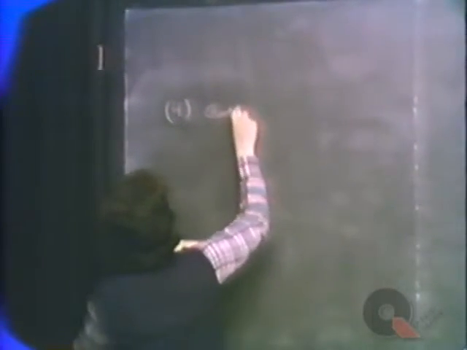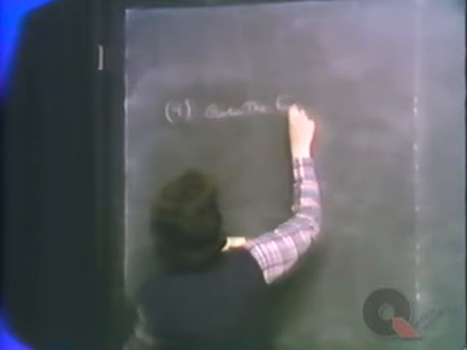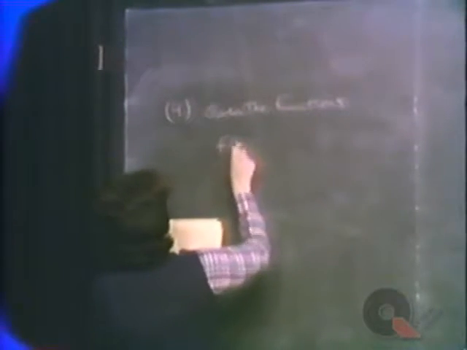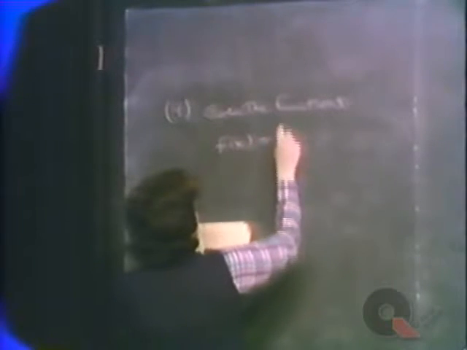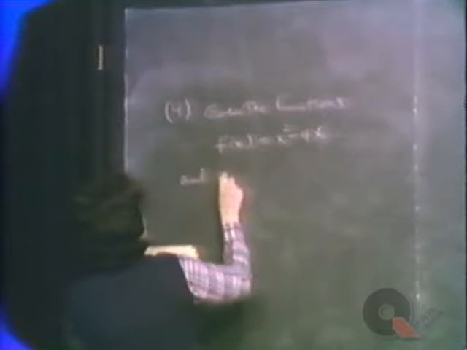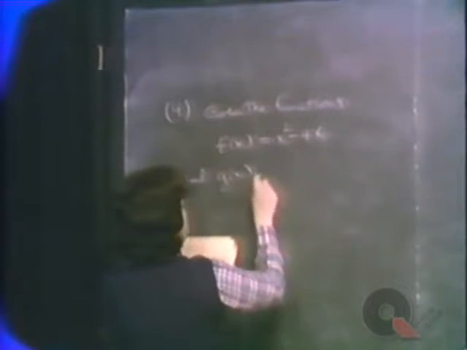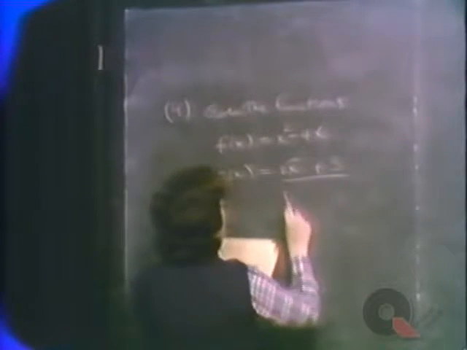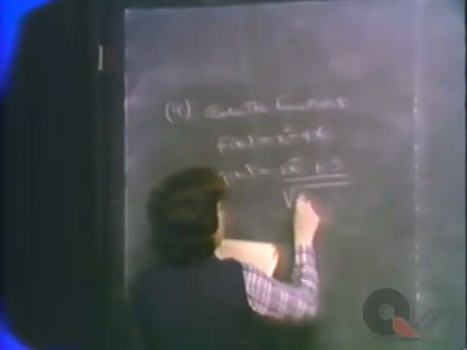Okay, in 4, we are given these functions. F is defined this way: f of x is x squared minus 4x, and g of x is the square root of x plus 3 over the square root of x minus 5.